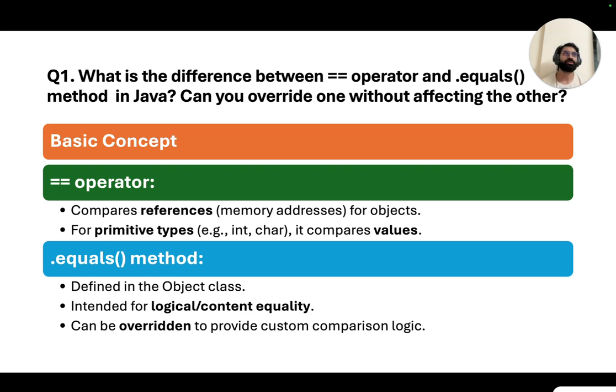So if you want to override the equals method, you can go ahead and override it in any Java class. So this is the definition of equals.